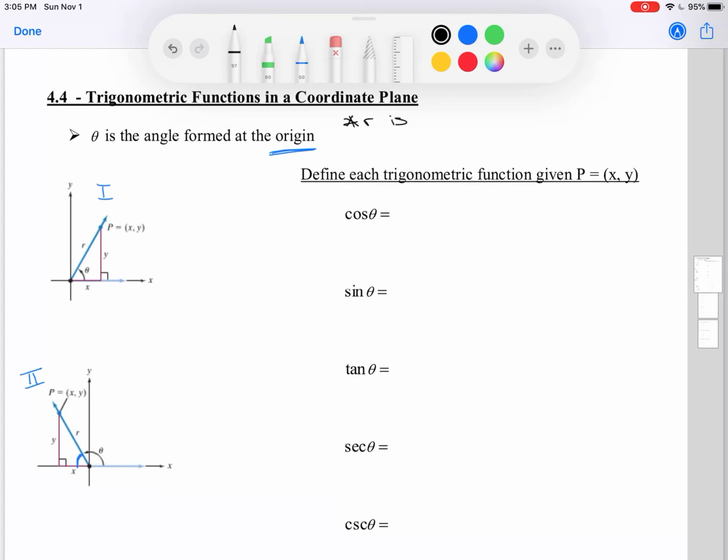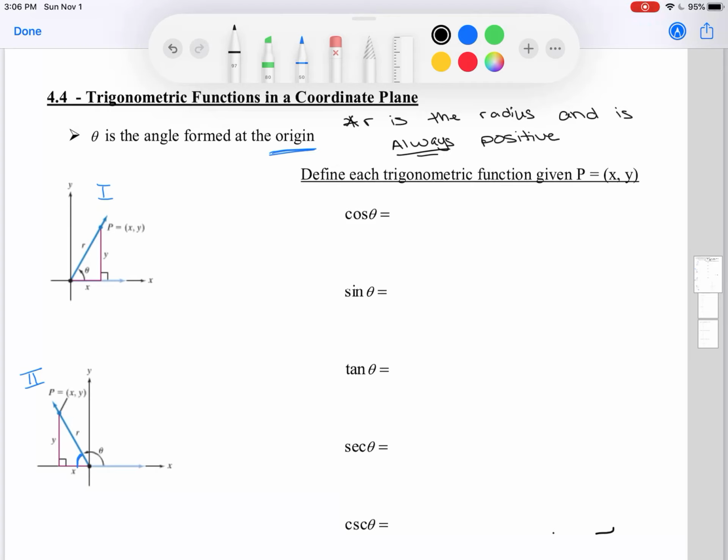So some things to think about. As you look at these triangles, x and y represent the same x and y coordinate that we're used to, but then we also have an r. And lucky for us, r is going to be what's called the radius. R is the radius.